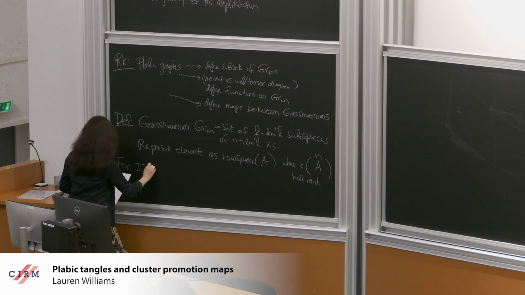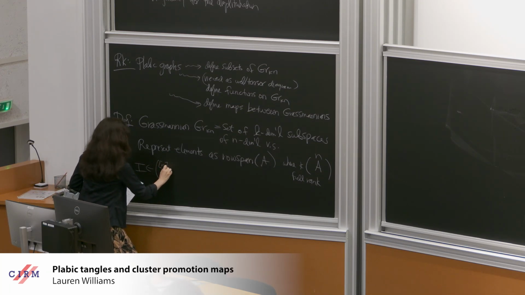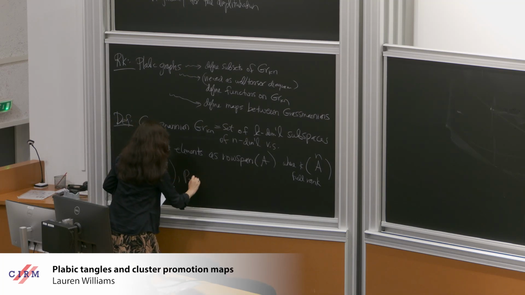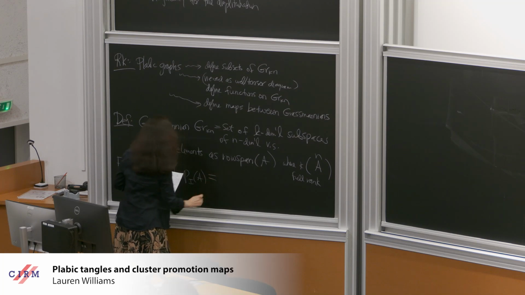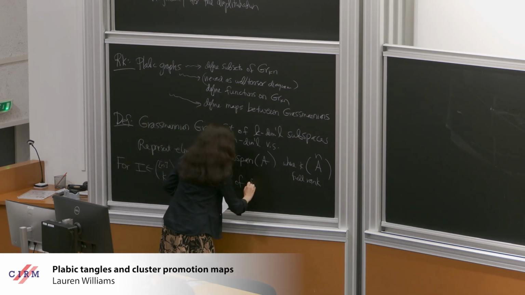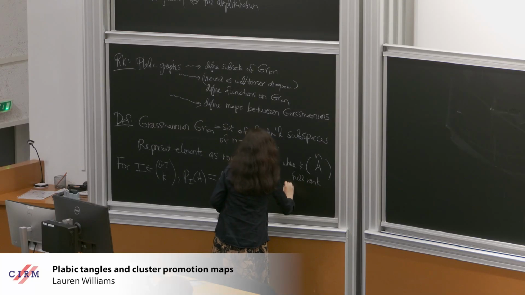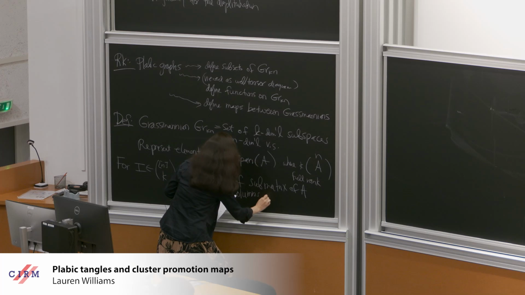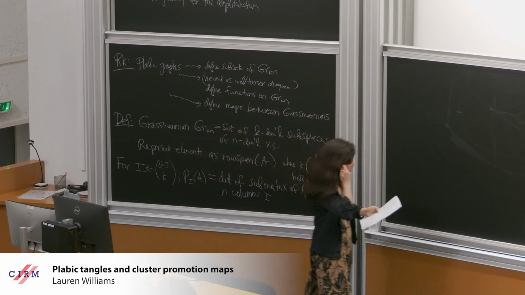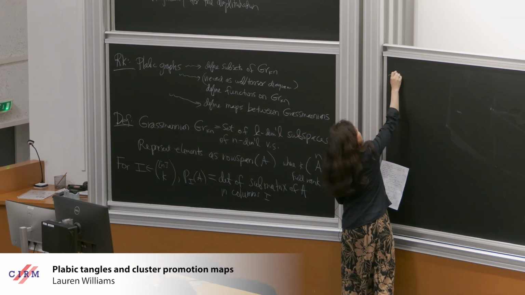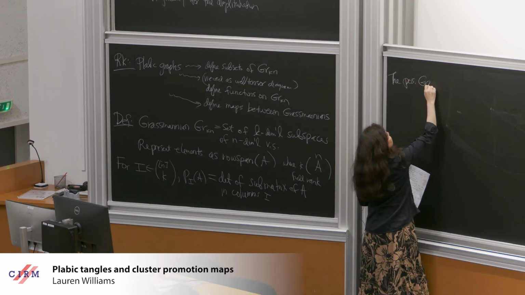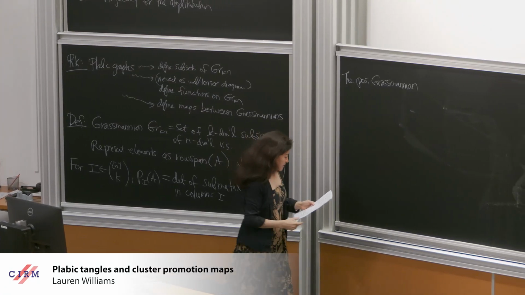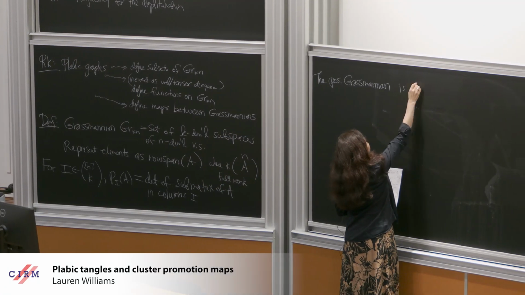And I want to introduce Plücker coordinates. So if capital I is a k element subset of the numbers 1 through n, then p sub I of A, the Plücker coordinate, is the determinant of the submatrix of A located in columns I. Okay, and now the positive Grassmannian, I mean, really to be precise, I'm going to define the totally non-negative Grassmannian.